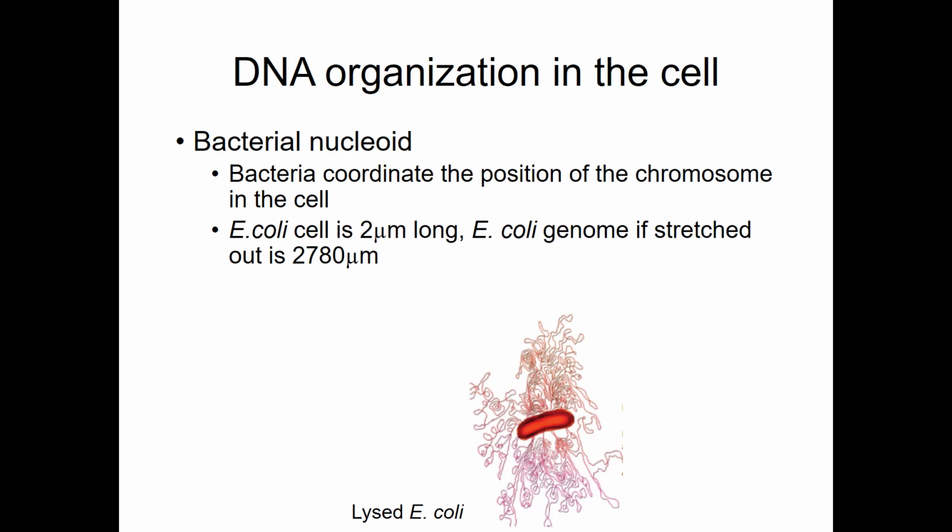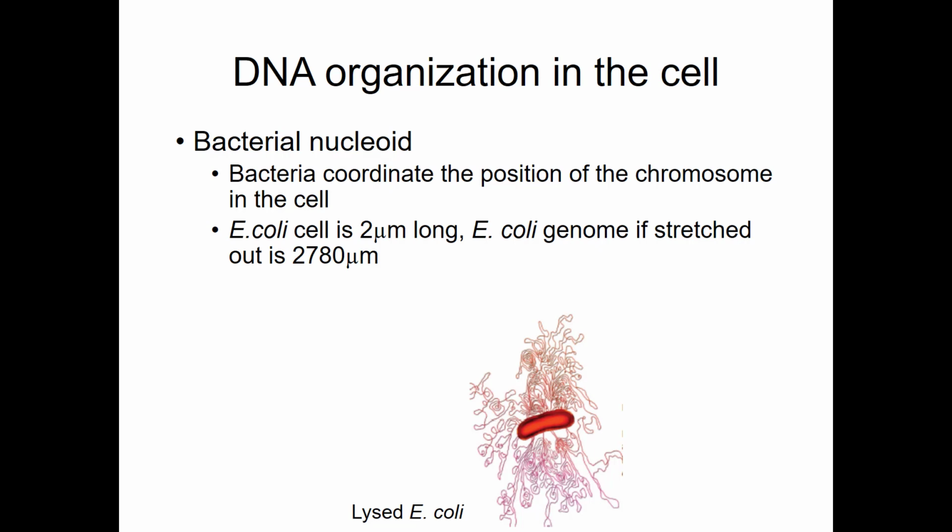So if we think about the dimensions, E. coli is about 2 microns in length, or 2 micrometers long. However, if we think about the E. coli genome, or the DNA housed within this 2 micron length cell, the genome, if you stretch it out, takes up about 2,780 microns. So it's much longer than the cell itself.